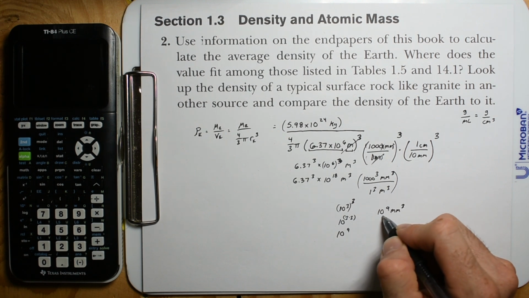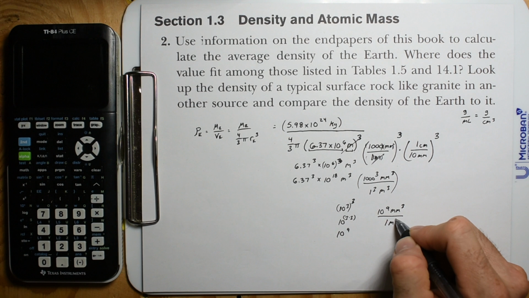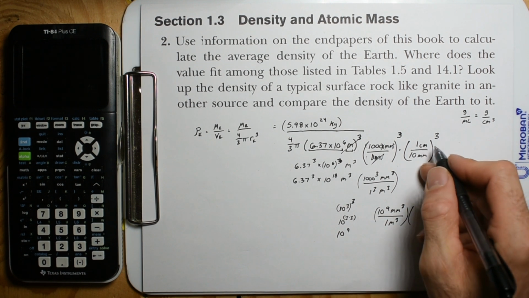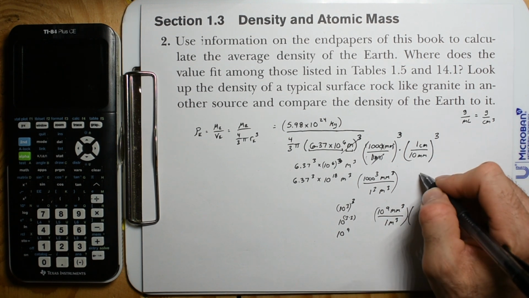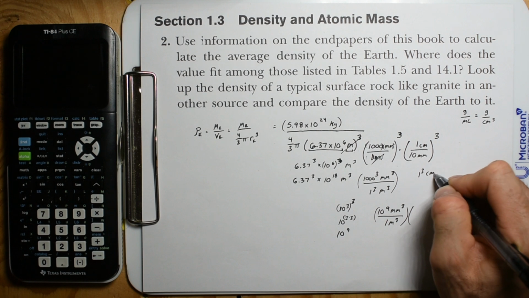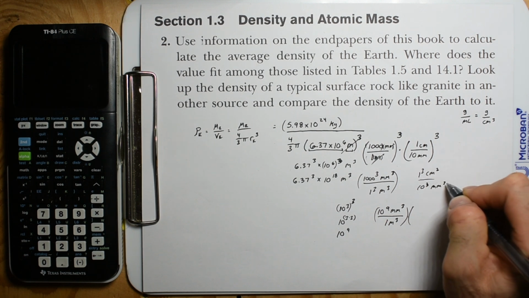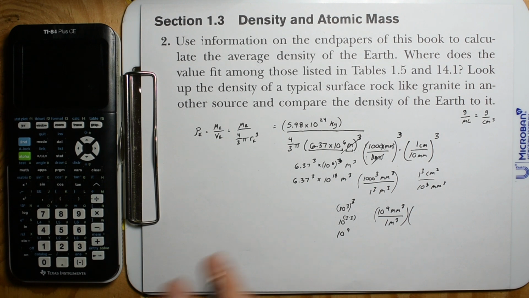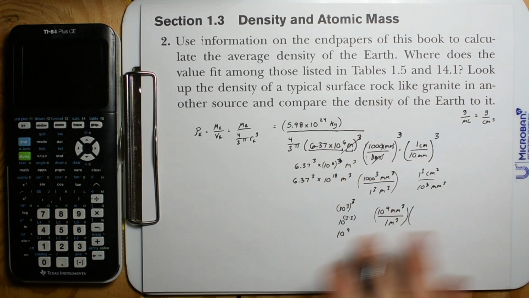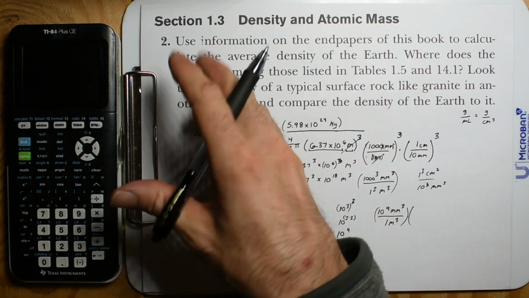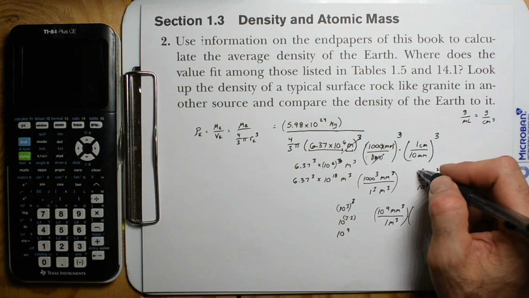Cool. So now we're going to have 10 to the 9 millimeters cubed divided by 1 meter cubed. And then over here, same process. We're going to have 1 cubed centimeters cubed, 10 cubed millimeters cubed. I don't know why I'm just assuming that everyone knows all this and hand-waving that this is an easy problem, but no, I always forget.